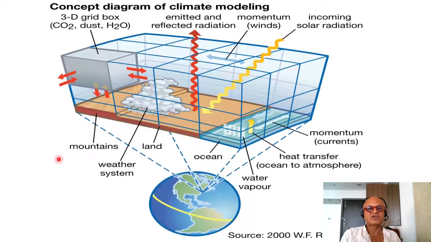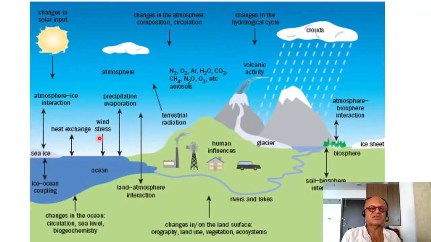Atmosphere-ocean interactions. We had seen that as this Earth system process before, where the processes that we are trying to represent are the solar energy coming in, long wave energy going out, atmosphere-ice interactions, heat exchanges, ice-ocean interactions and coupling, changes in the ocean circulation by geochemistry, land-atmosphere interactions, winds forcing the ocean, precipitation and evaporation, cloud formations, atmospheric circulation, composition, including all the chemistry, terrestrial radiation, human influences, and so on and so forth.